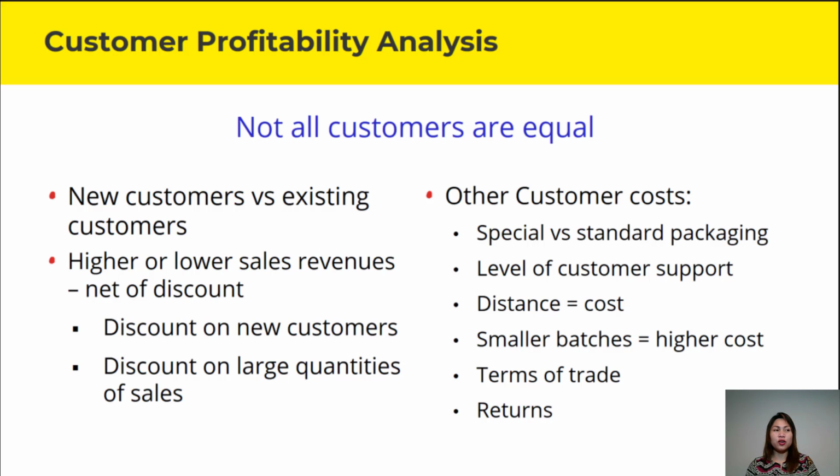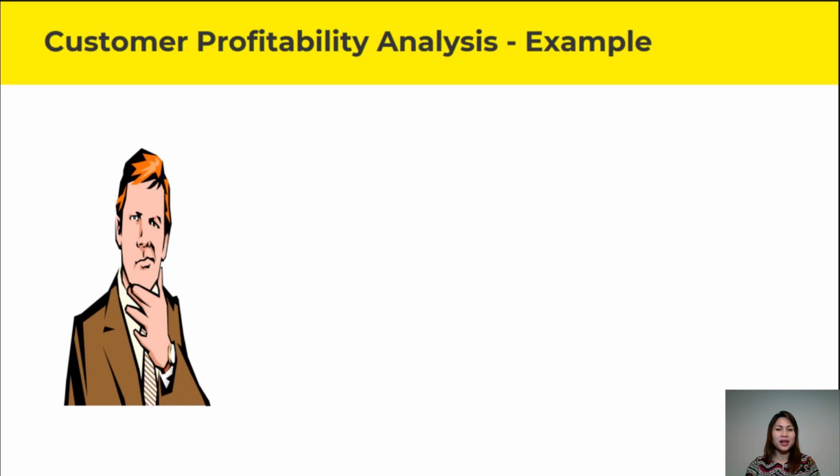Usually a longer distance is associated with higher costs, and batches too, smaller batches are associated with higher costs, terms of trade of the sales, and whether you provide a return policy to your customers. Those are other things to consider.